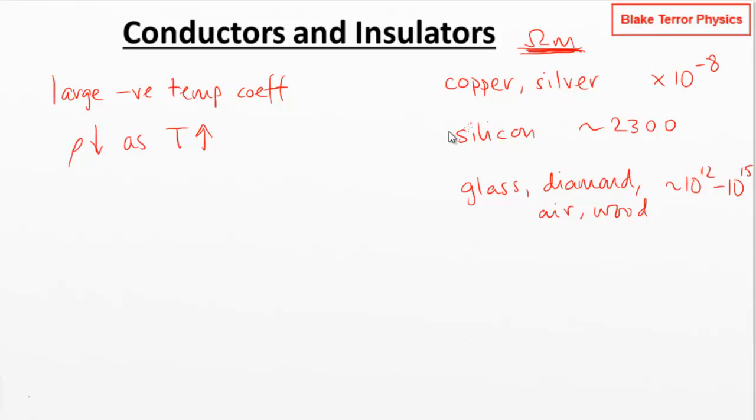But this resistivity will decrease as the temperature goes up. This might be the resistivity at, say, 20 degrees C, but then it's going to drop and start acting more like a conductor as things get hotter. And this is particularly important for pretty much everything that we use in electronics nowadays.